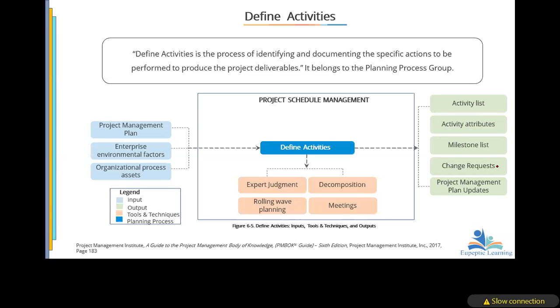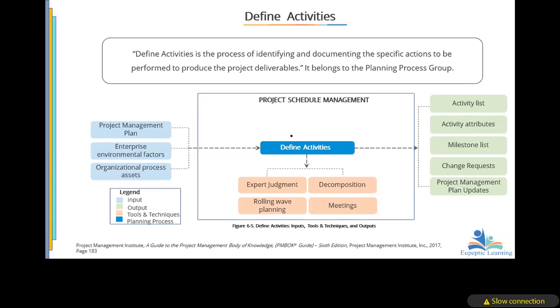Then change requests. Now in the PMBOK 5, change request was not an output, but as you are defining activities, we may have to make some changes to the project management plan. Maybe the scope.